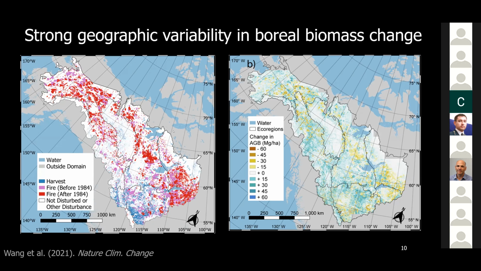You can also see, with the fires burned earlier than our record, we tend to see increases in biomass. So for example, some of these purple areas have these sharp, deep green areas. At the same time, we have these harvests that come from the Canadian Forest Service Landsat product, and they're showing in the blue in the southern portions of the domain, a lot of spatial complexity there as well.